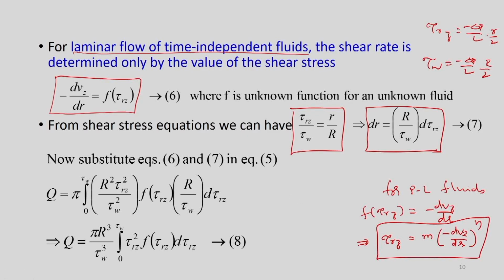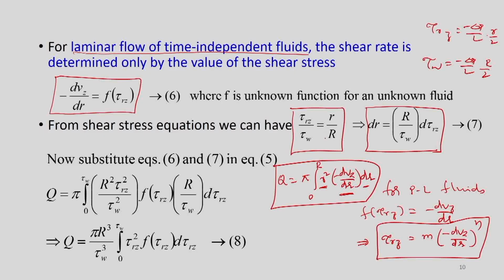Now, we have already derived in our previous slide that q is equal to pi into integral 0 to R, r square, minus dvz by dr. In this equation we substitute what r is, what dvz by dr is, and what dr is. So, r is capital R tau rz by tau w, so r square is R square tau rz square by tau w square.